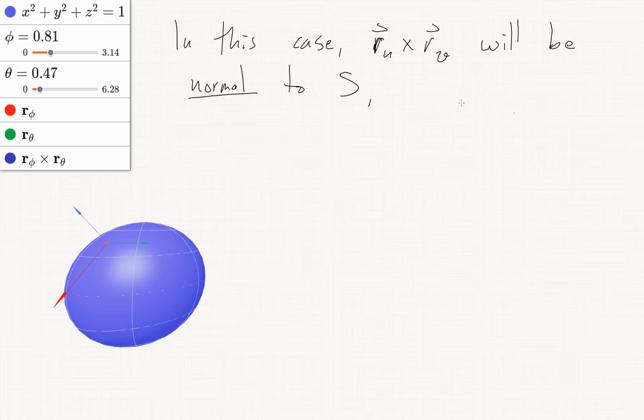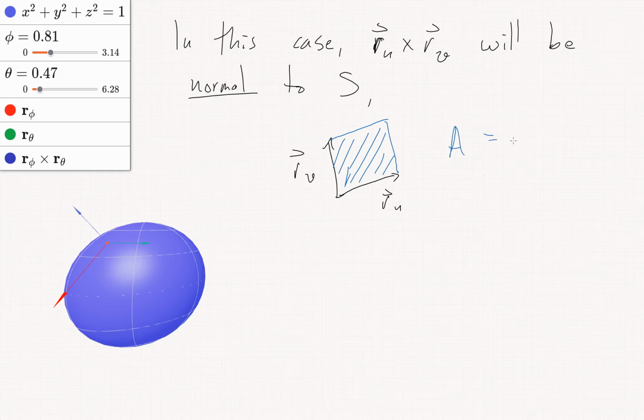The magnitude: these are R sub u and R sub v, and these span a parallelogram. In our case, it's going to be a rectangle, but in general, they might not be at right angles. So the area of this parallelogram is the magnitude of this cross product.